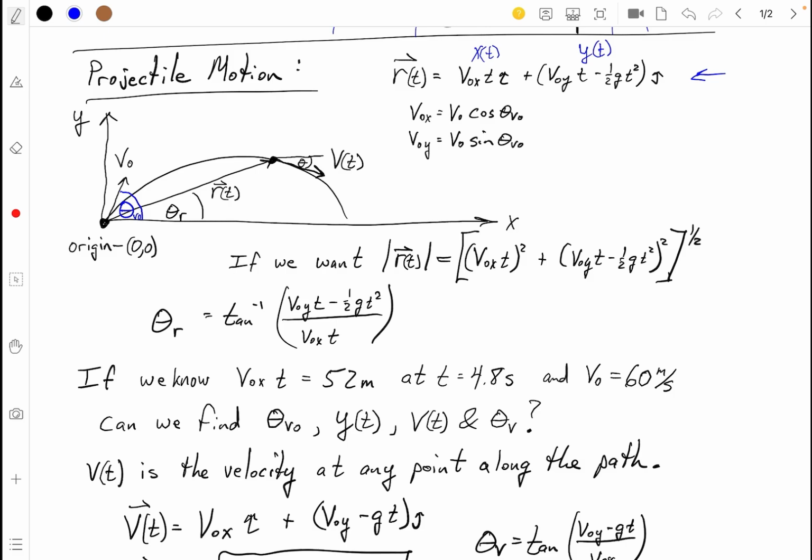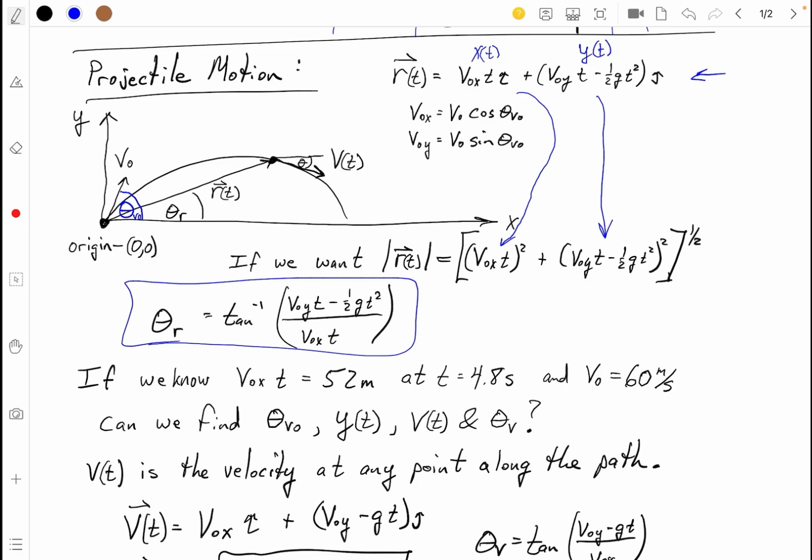Now, we've got those two things, and if I want, I can get the magnitude of it simply by squaring that and squaring that, and then taking the square root of them added together. I get the magnitude. Or I can get theta r like this. Now, you have to be able to do a little algebra because chances of me asking you how to do this one direction only is not great, right?